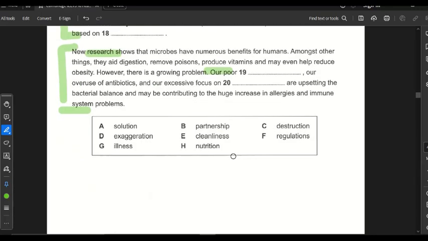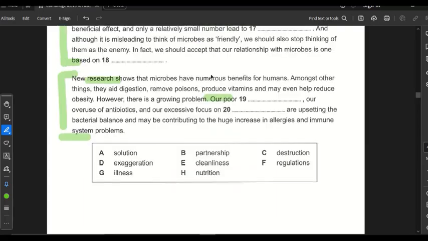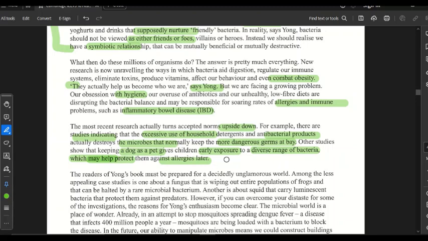However, over here it's saying a few bacteria, as few as possible. So this makes this answer the opposite of what the statement is saying. The writer over here is talking about keeping dogs or pets, and it will give exposure to a diverse range of bacteria to the child, which may protect them against allergies later.